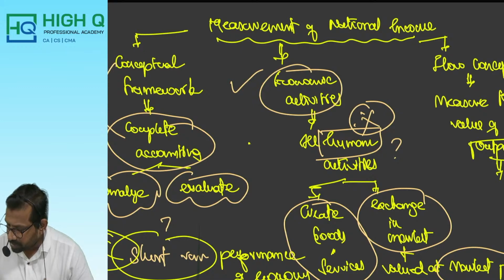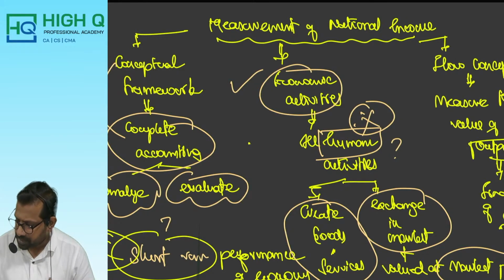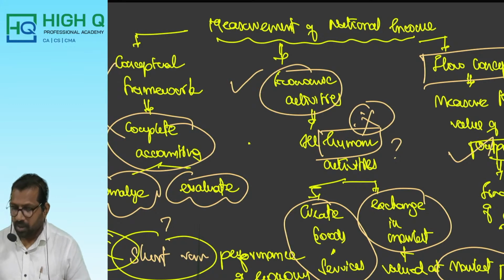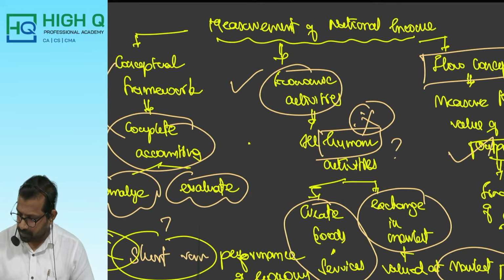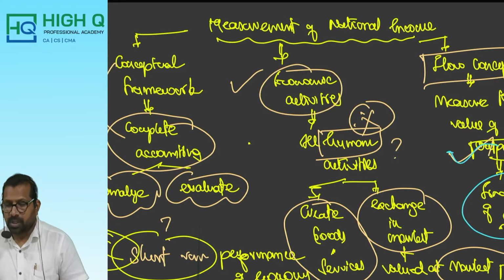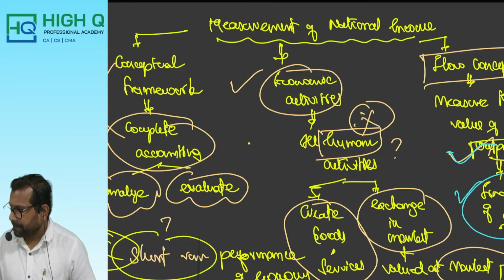Always the final output is to be taken into account, the final output of goods and services. So flow concept measures the value of output, and value of output means the final output of goods and services.